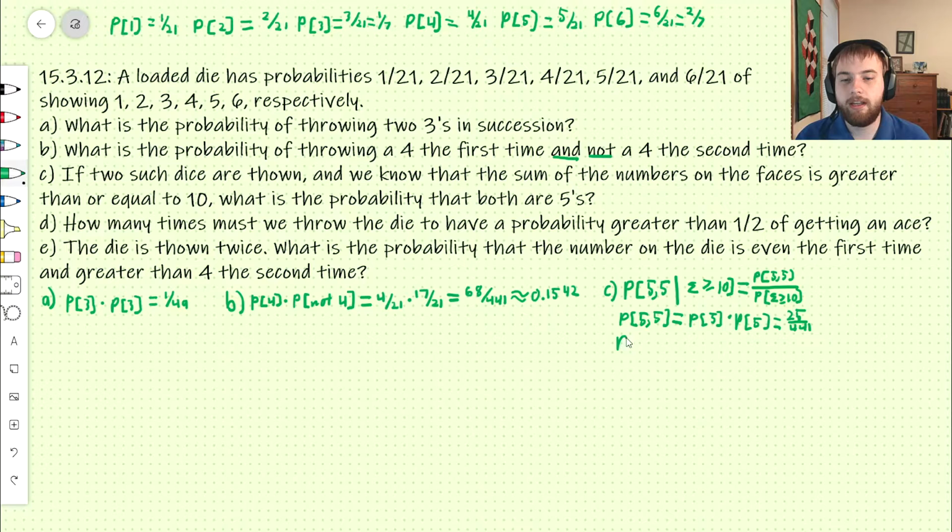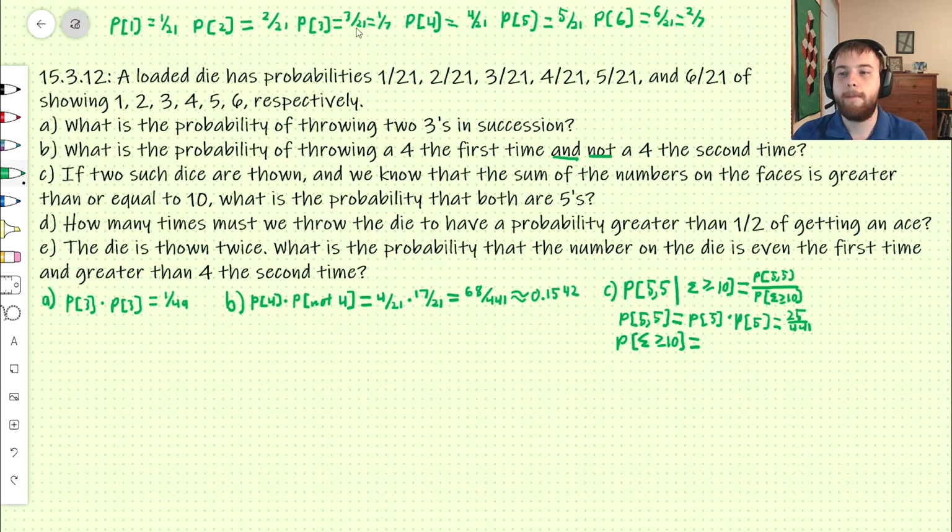What's the probability that the sum is greater than or equal to 10? Let's think about this for a little bit. We're never going to get a sum greater than or equal to 10 with a 1, a 2, or a 3 as the first roll, because we don't have any of the higher numbers other than 6.